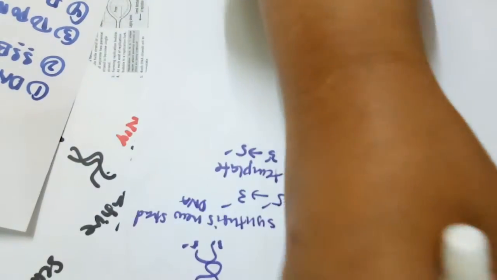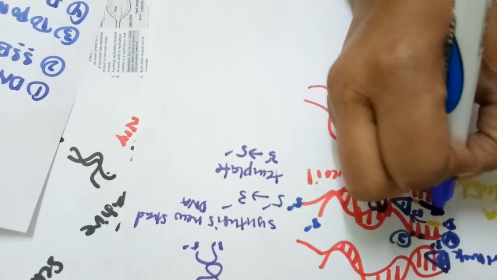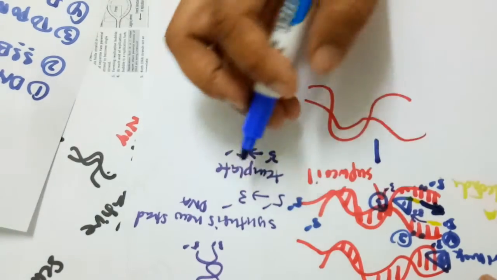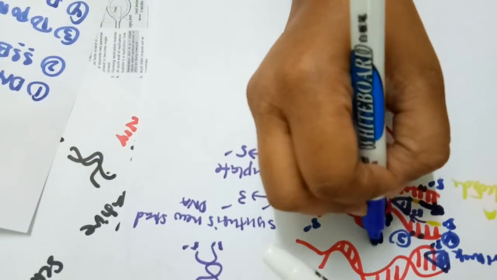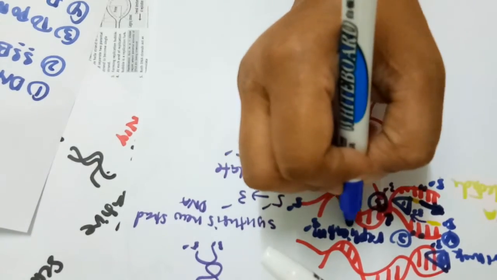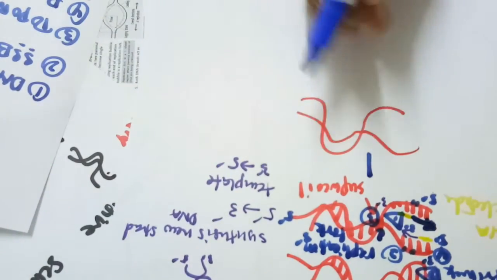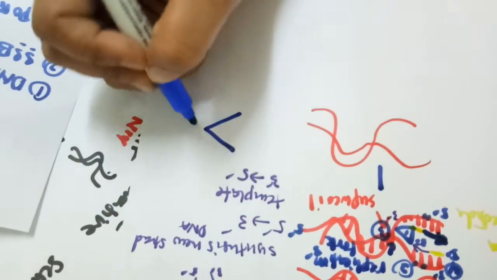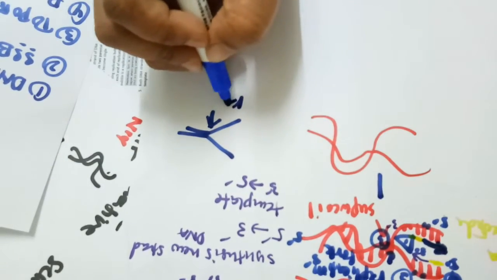And the replication will move in opposite directions. This structure we call the replication fork, the Y shape. We call this the replication fork.